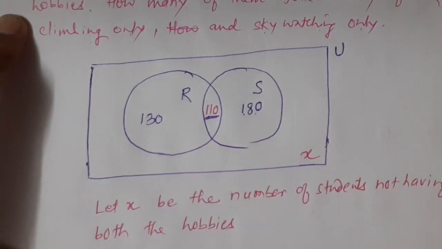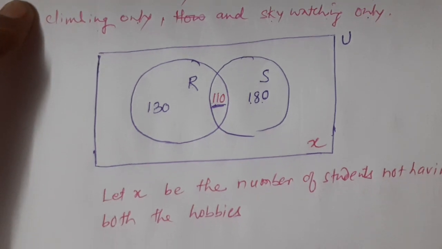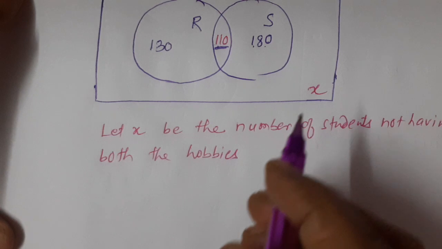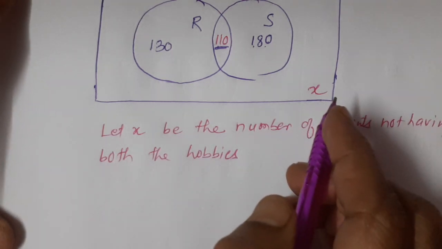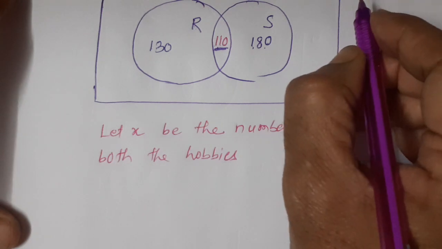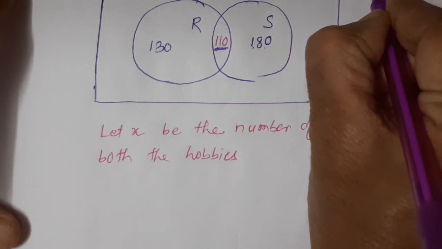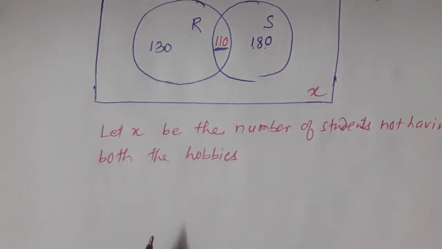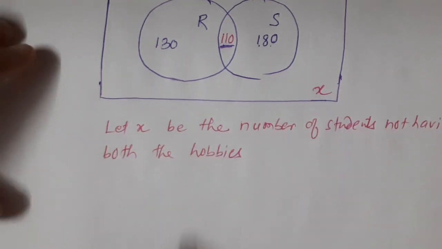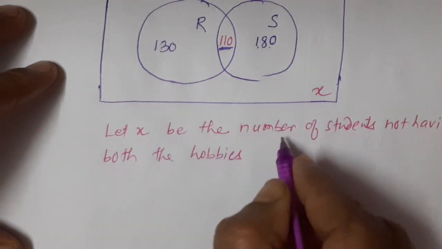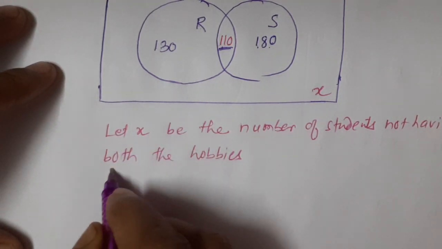So first of all I am calculating what is given to you. You know that the universal set comprises how many students? It comprises 220 students. So when you have to calculate, first of all let x be the number of students that do not have both the hobbies.